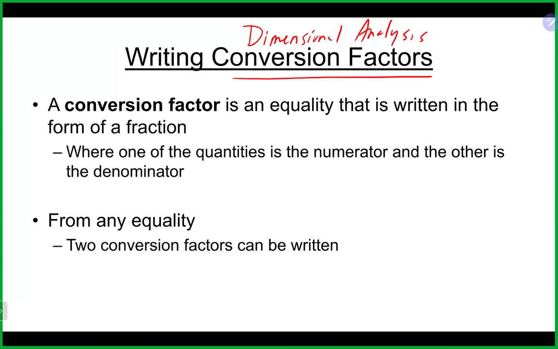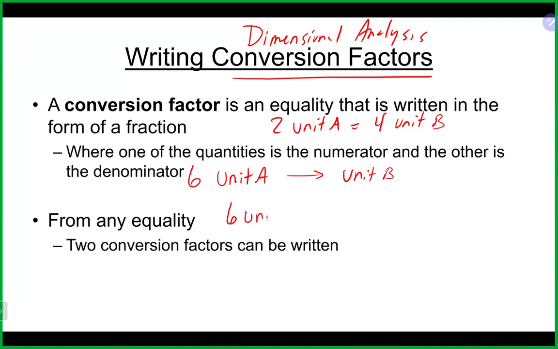And to do that, it's really opposite. So, for example, if we had unit A, and we want to get it into unit B, and maybe we have some relationship between those two that for every 2 of unit A, there's 4 of unit B. So if we had 6 of the first unit, and we wanted to figure out how much of the B unit that would be, we would set this up going with 6 units of A. Now we need a conversion factor, and this in this example would be an equality.